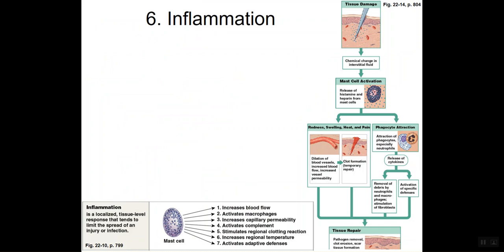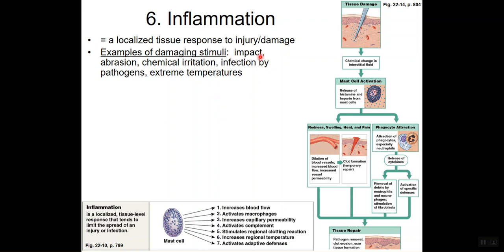Okay, moving on. Speaking of inflammation, again, inflammation is a general, just kind of local response to any sort of damage to your tissues. So again, considered to be non-specific. It could be physical trauma like impact causing a bruise. It could be like more of a scrape. It could be harsh chemicals damaging your tissues.